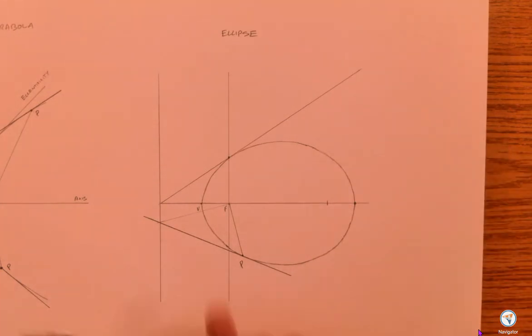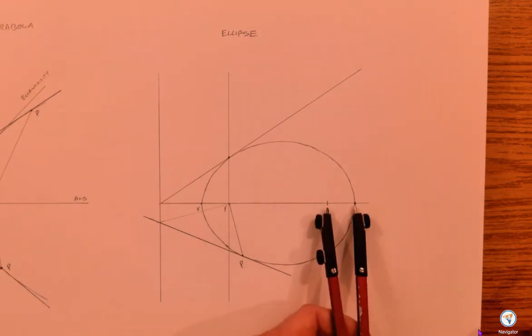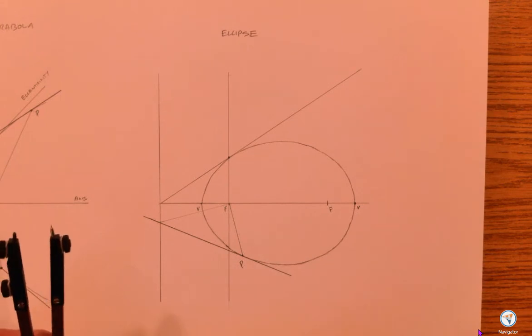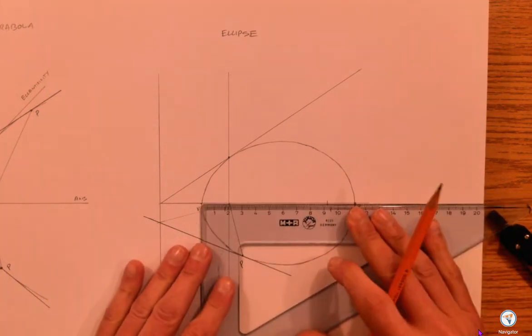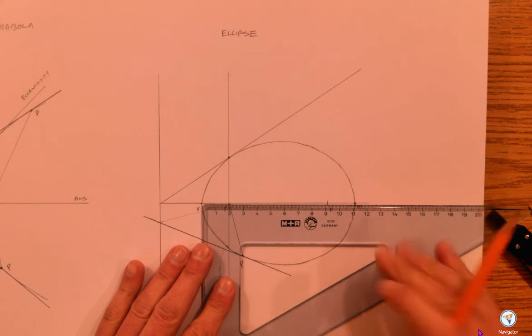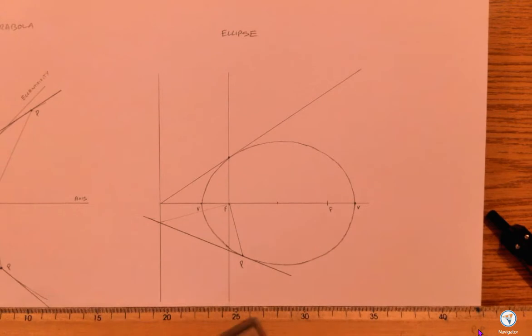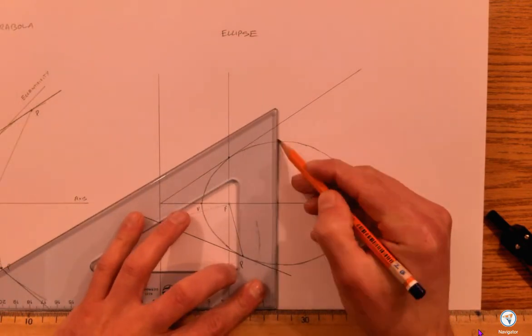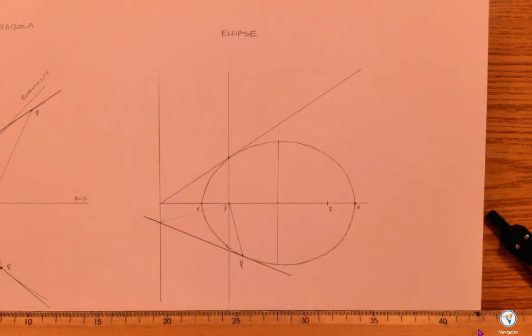All I've done is copy the distance from V to the focal point on one side, and copy that distance from V to the focal point on the other side. So now I've got my two focal points. I just get the center of it, and I'll draw my minor axis. So again, I'm just converting this to a standard junior cert ellipse. So we've got our major axis, we've got our minor axis.